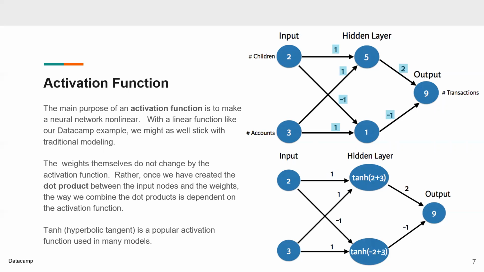What we just did was without an activation function. It's simple, just forward, right? But once you have this activation function, instead of giving a 5 as the output of this node, or the input of the next node, it should be tanh. If we're using tanh as the activation function, it's tanh of 5 and tanh of 1.